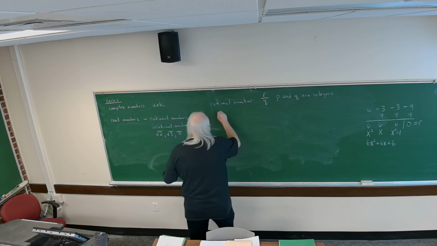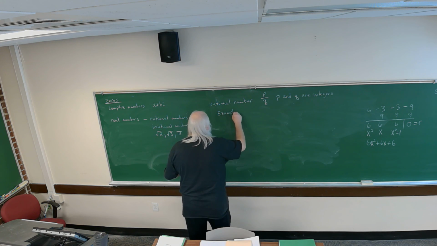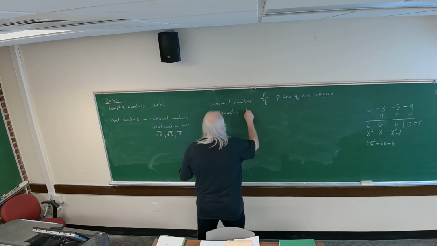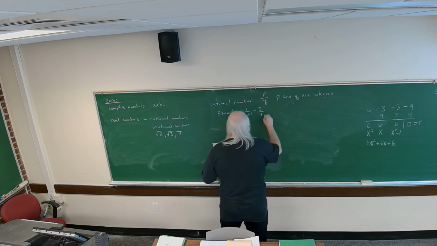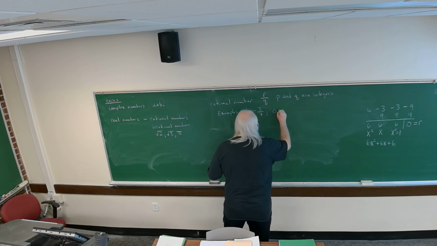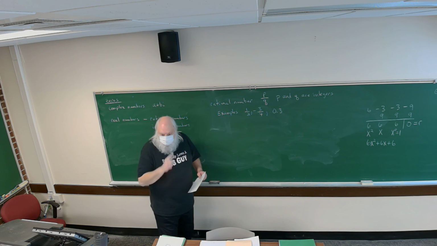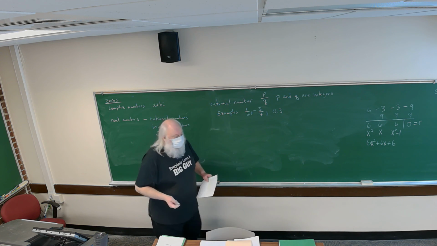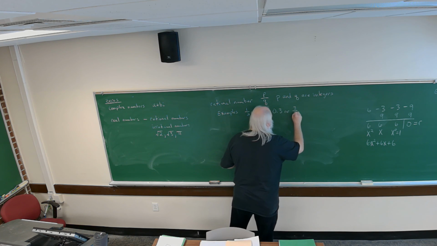So examples of rational numbers are 1/2, minus 3/4, and 0.3, which even though it's not written as a fraction, is a rational number, because it's equal to 3/10.